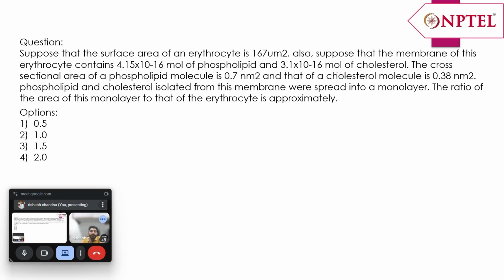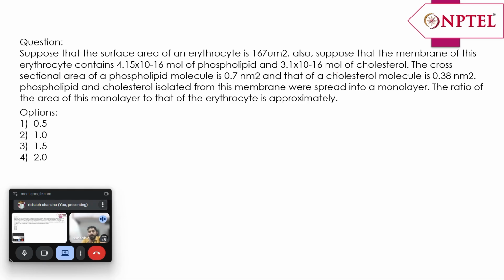Suppose that the surface area of an erythrocyte is 167 micrometer square. Also suppose that the membrane of this erythrocyte contains 4.17 into 10 to the power minus 16 mole of phospholipids and 3.1 into 10 to the power minus 16 mole of cholesterol.